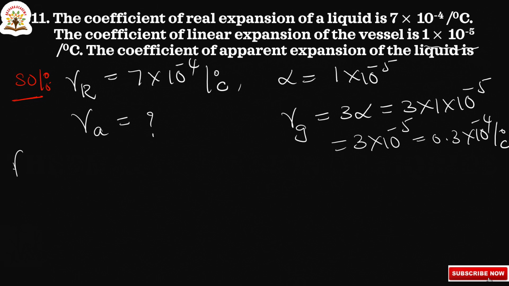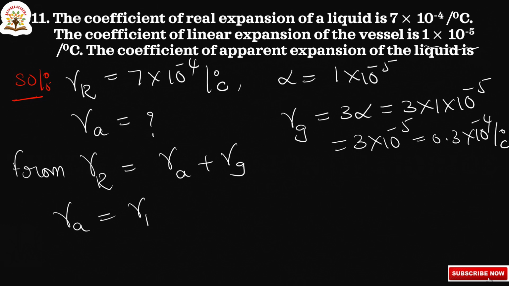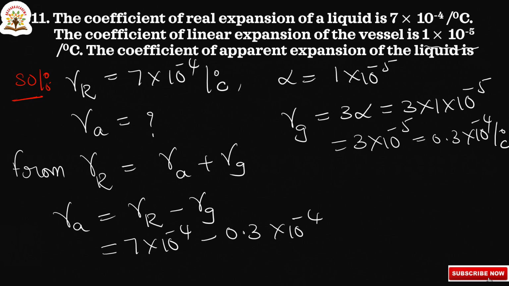Now, from gamma R is equal to gamma A plus gamma G, or gamma A is equal to gamma R minus gamma G. So, that is equal to, substituting gamma R and gamma G values, 7 into 10 to the power of minus 4 minus 0.3 into 10 to the power of minus 4.